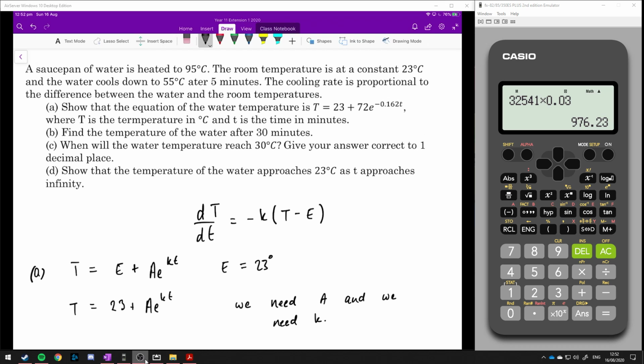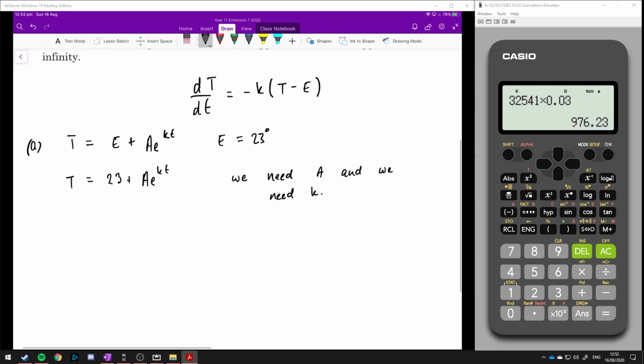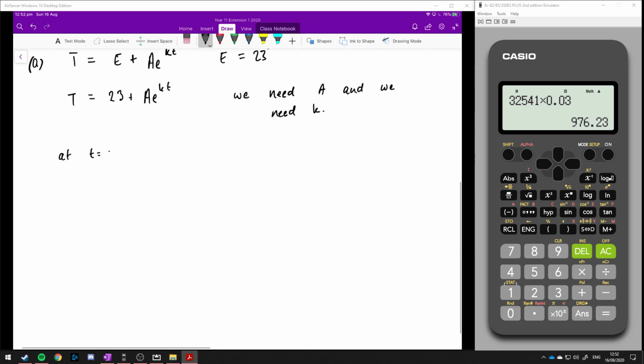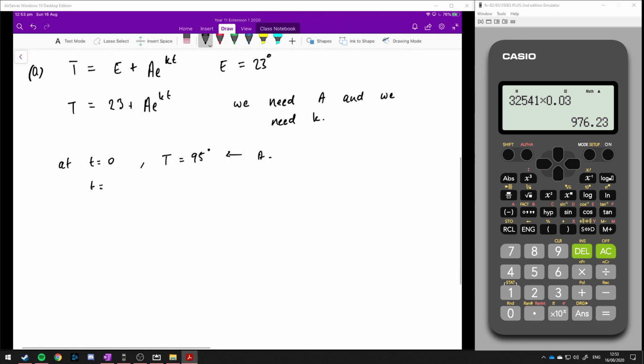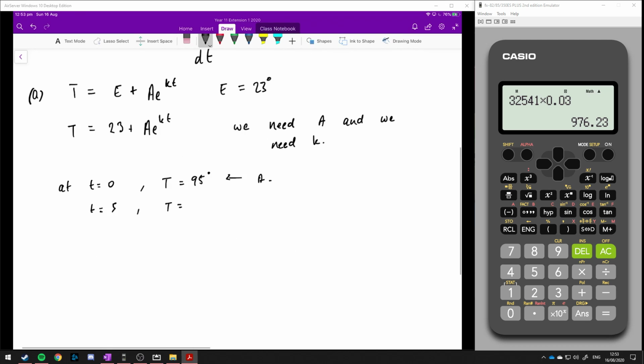What we're going to do is use the fact that it cools down to 55 degrees after 5 minutes, and that the initial amount is 95 degrees Celsius. At t equals 0, capital T is equal to 95 degrees, and this is going to help us find A. At t equals 5 minutes, capital T is equal to 55 degrees, and this is going to help us find k.